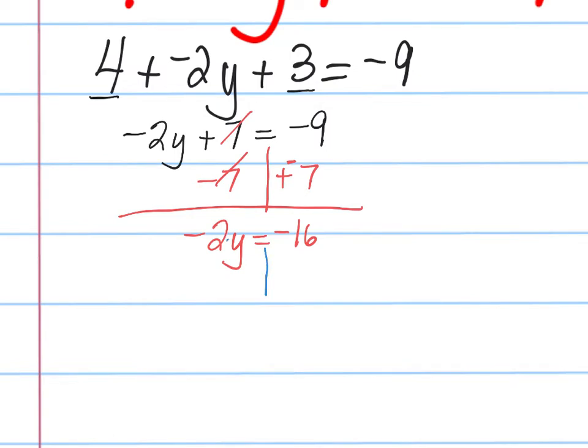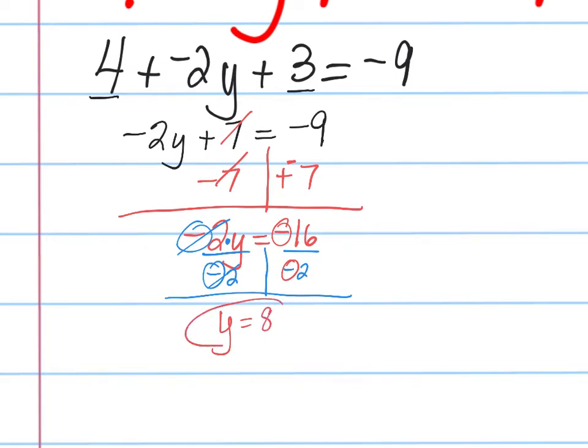They are multiplying negative 2 and y, so I need to divide both sides by negative 2. Negative divided by negative, those are going to cancel, leaving me with 1y, which is the same as y equals, negative divided by negative is a positive, and I get positive 8.